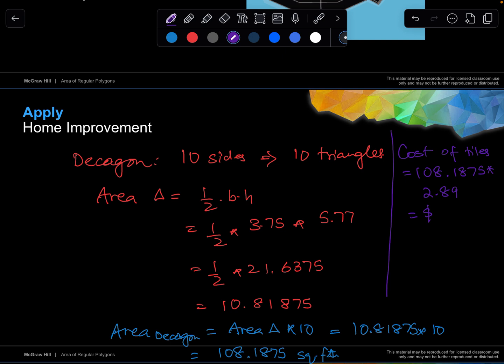That gives me 312 point, and now I'm going to round it to 2 decimal places because that is in dollars and cents. $312.66. That's going to be my total cost.